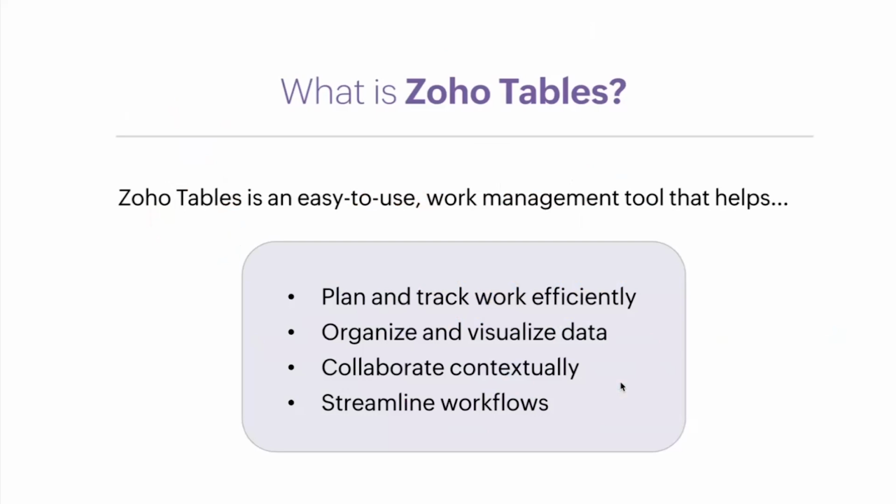So if we have to summarize whatever we saw till now, this will be the ideal definition for Zoho Tables. Zoho Tables is an easy to use work management tool that helps you to plan and track work efficiently, organize and visualize data in a way it matters to you, contextually collaborate with your team and stakeholders, and streamline your workflows.